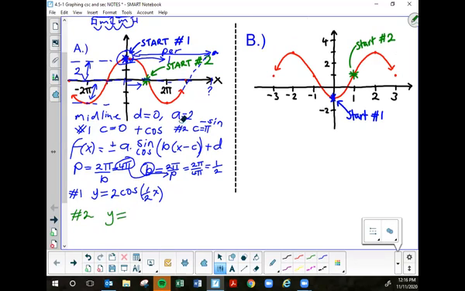And for start number 2, we said we were going to be doing a negative sine wave. And our vertical stretch is 2. Where does that 2 go? Do I write 2 minus sine, or do I write minus 2 times sine? Your vertical stretch is always something you're multiplying by. It's a coefficient. The negative goes between the negative and the word sine.